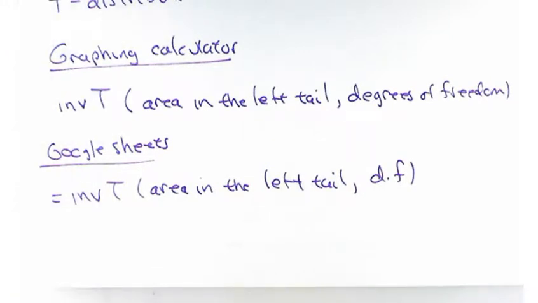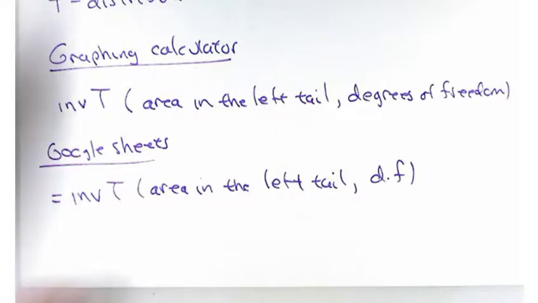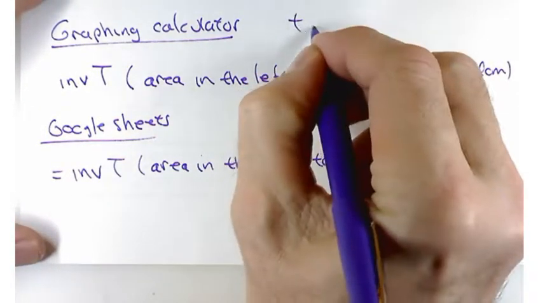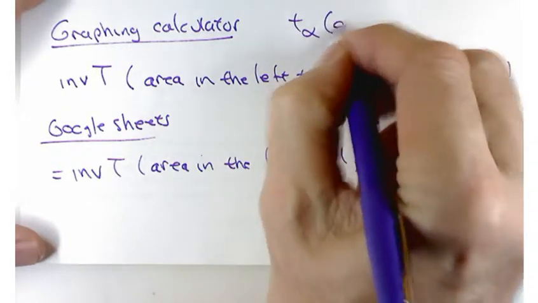The annoying thing for us is that's not exactly the notation that is in use in stat books. In stat books, you're going to be asked to find T alpha for particular degrees of freedom.